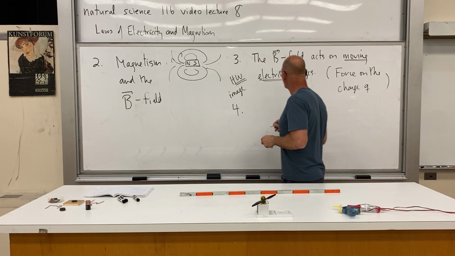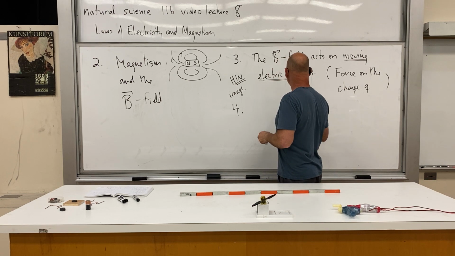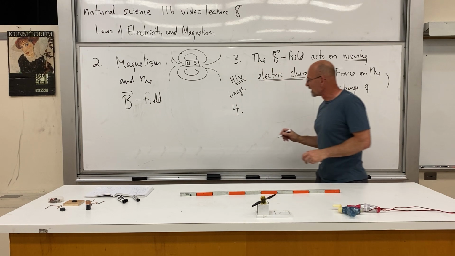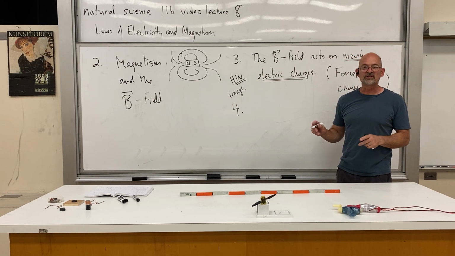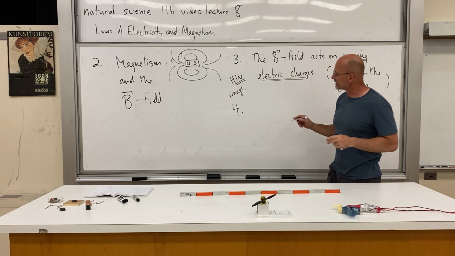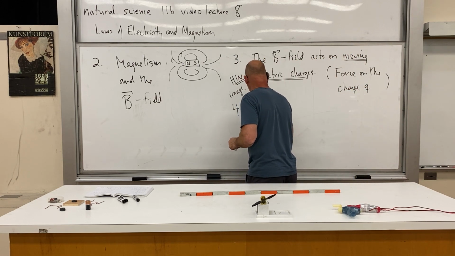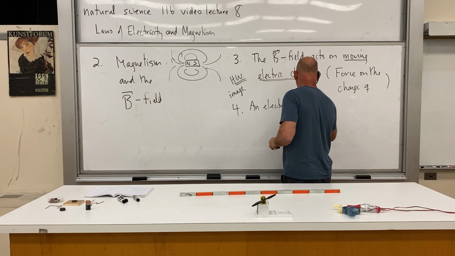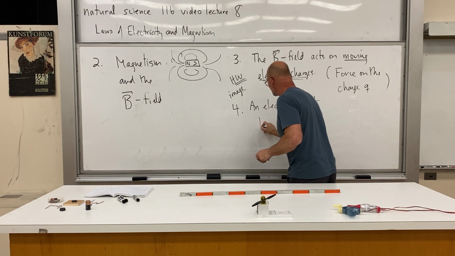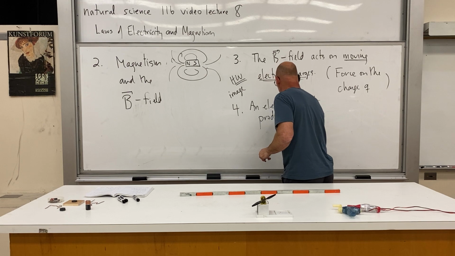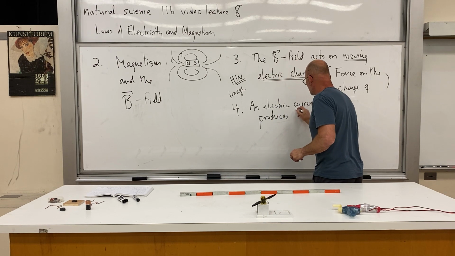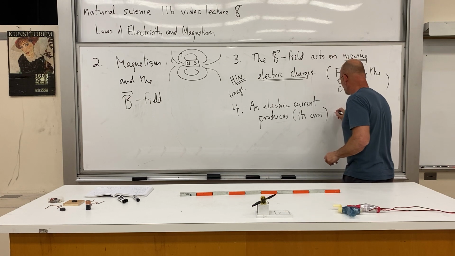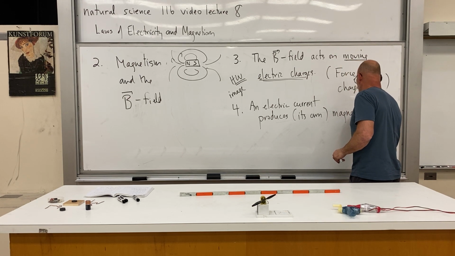Point 4 is kind of the converse of this, and that is that an electric current produces its own magnetic field. So an electric current produces, here parenthetically, its own magnetic field.